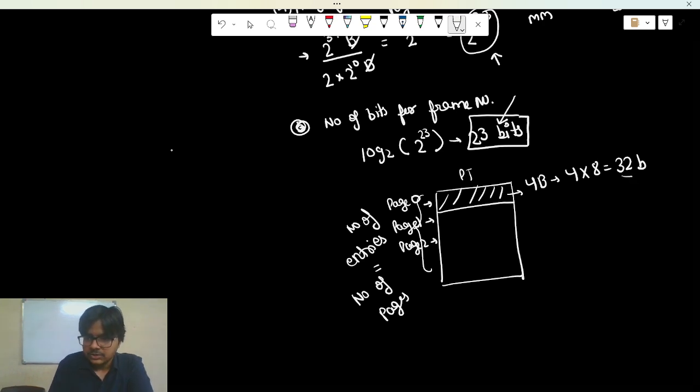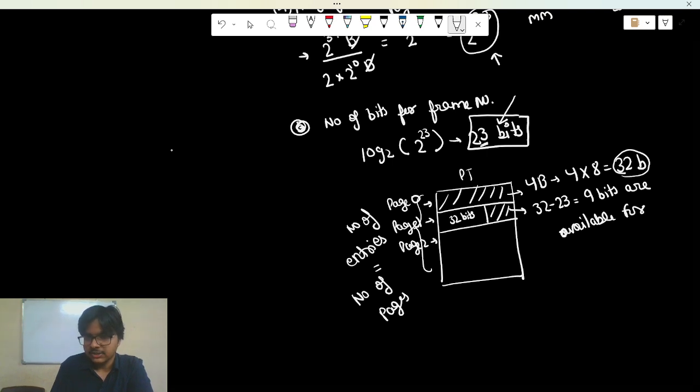So out of 32 bits, 23 bits are required to store the frame number, and the rest, 32 minus 23, so 9 bits, are available for extra information, as I have already told you. What extra information? Maybe valid bit, modified bit, or some other information.